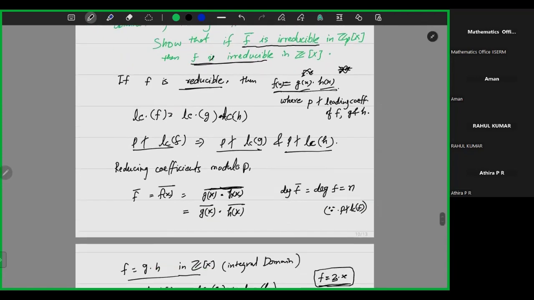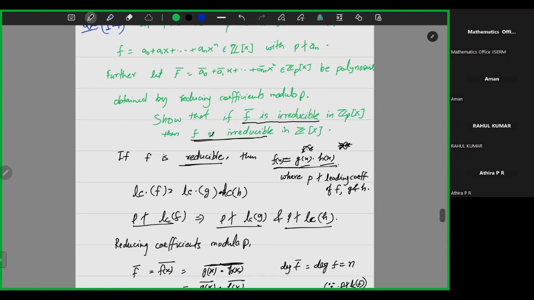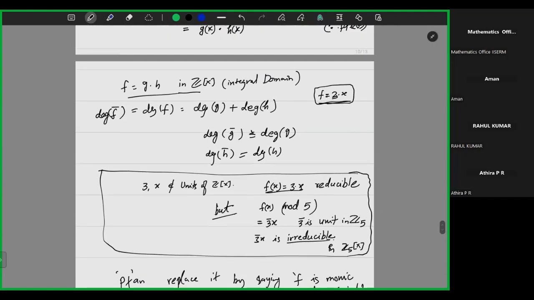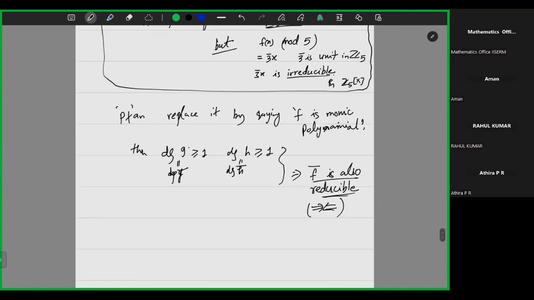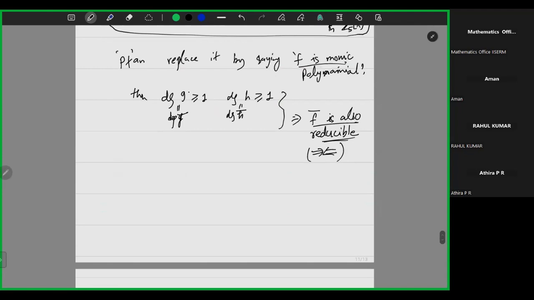That's all. But what I am doing is taking F to be a monic polynomial, for no confusion.